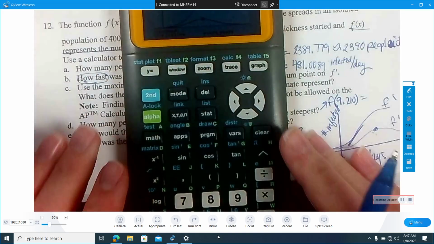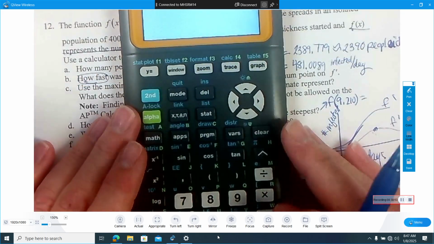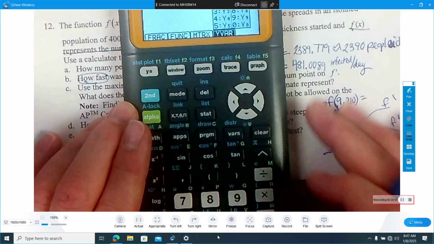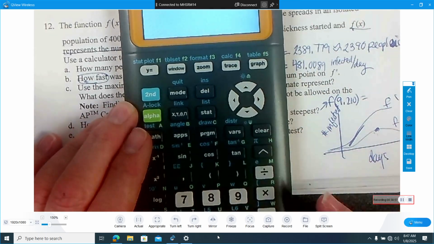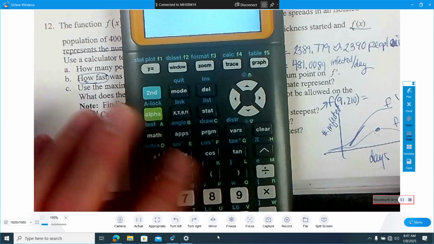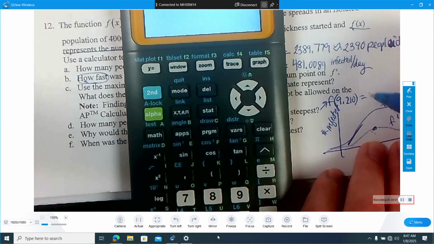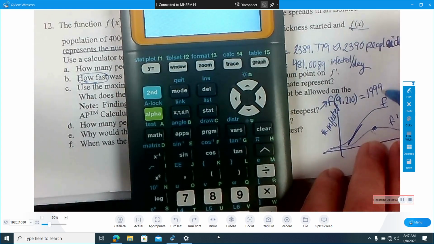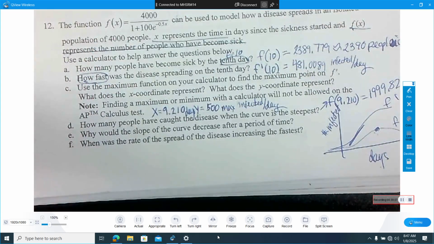And so that'll give us the people at that day. 1999.829. So about 2,000 people have been infected on the 9th day.